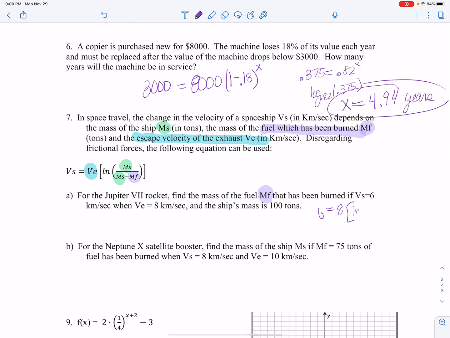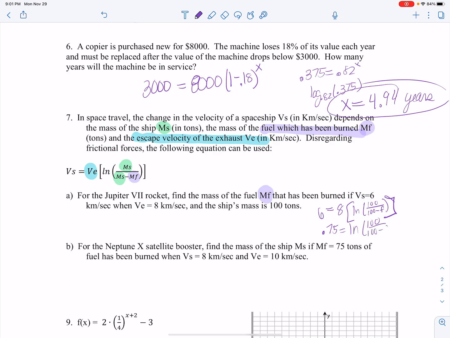Then you're doing the ln of MS. What was MS? If the ship's mass is 100 tons. So that's 100 over 100 minus, and I'm just going to put F instead of MF. Okay, so if I solve this, I would divide both sides by 8, and I get 0.75 equals the ln of this.